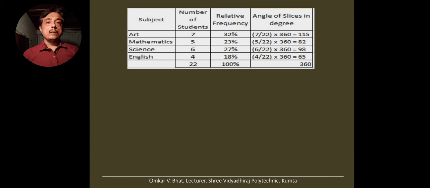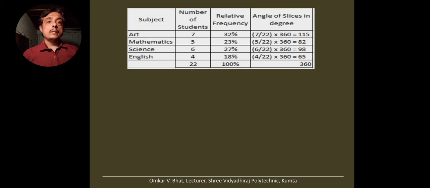Say for example, for the first subject art, frequency is 7. Total frequency is 22. 7 divided by 22 into 360. The answer of this is 115 degree. This means a slice in a pie chart which represents subject art should have an angle of 115 degree.